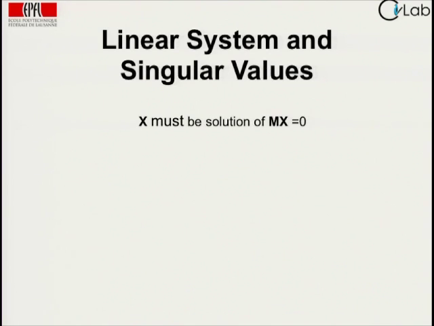And what Mathieu Salzmann, who used to be one of my students and now is a researcher in Australia, showed is that you can do a kind of a DLT and formulate this as a simple linear problem where x must be the solution of an equation of the form Mx equals 0 if x is expressed in the camera coordinate system.